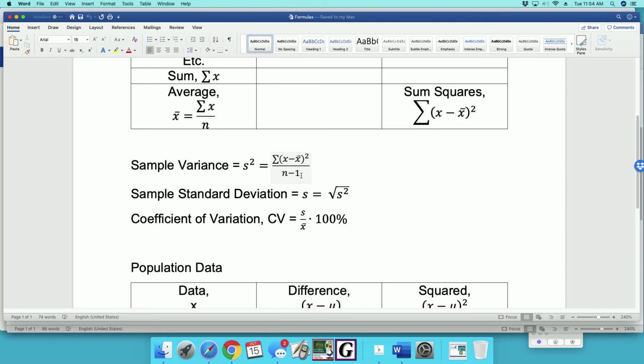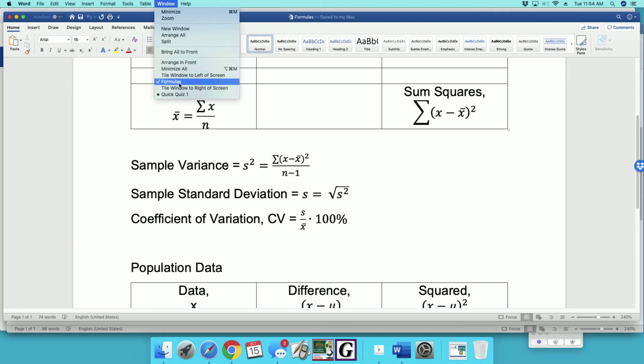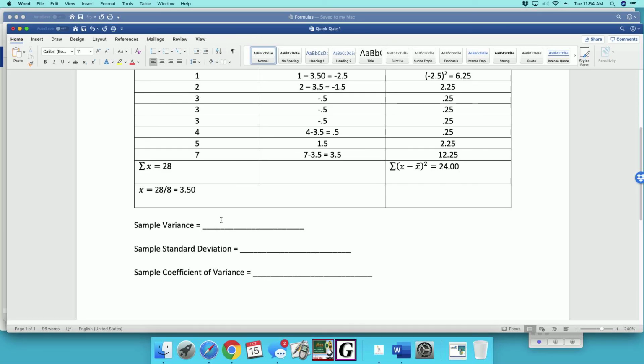In this case, n was 8, so 8 minus 1 is 7. The sum was 24, so 24 divided by 7 is 3.43. That is my variance.